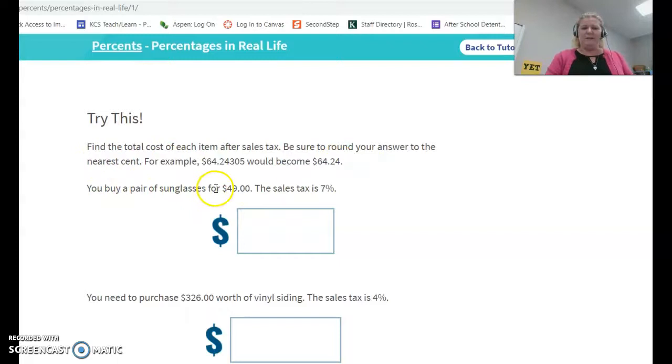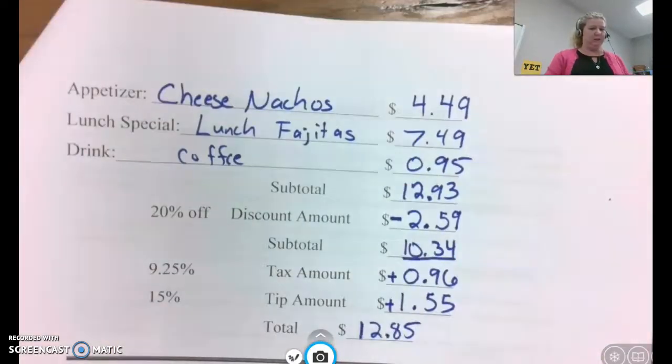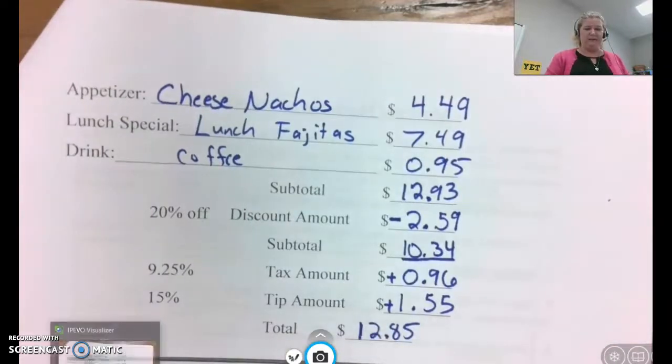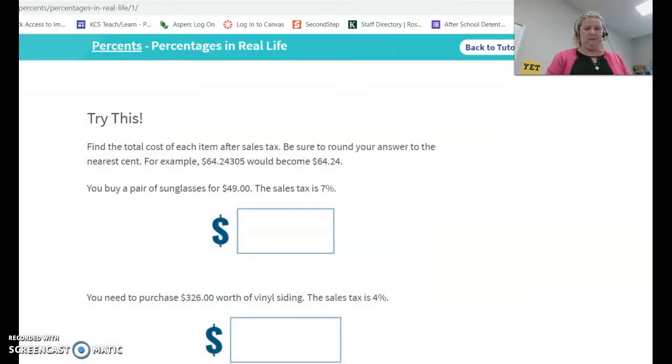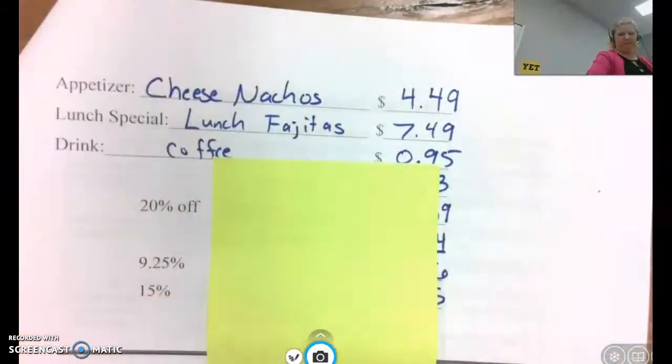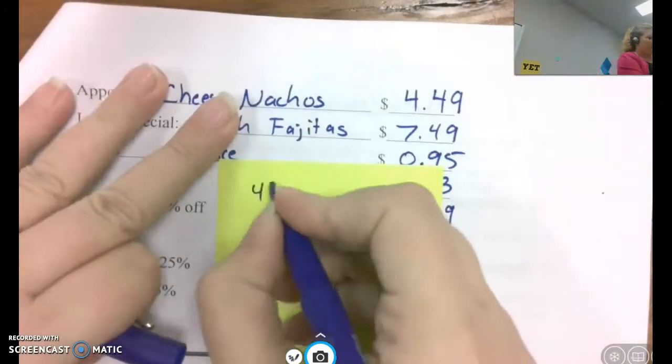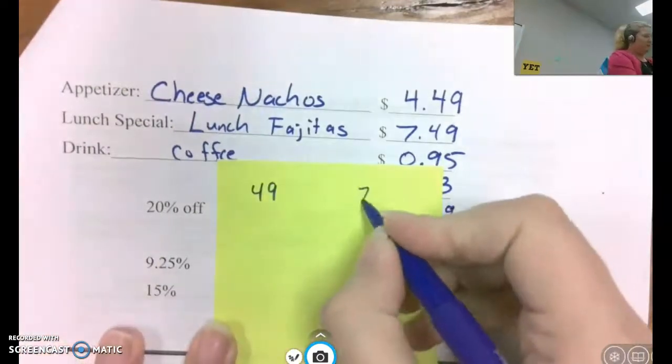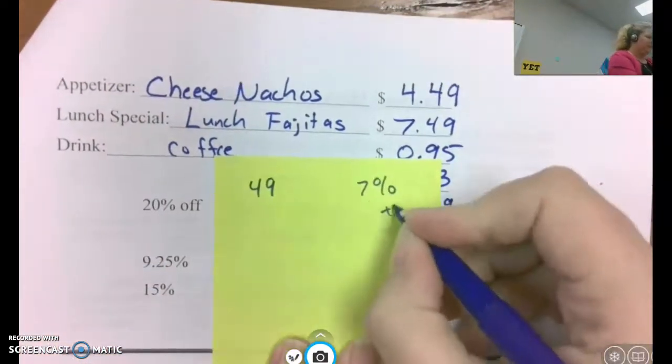You buy a pair of sunglasses for $49. The sales tax is 7%. We can do what we did here, line by line, and that is a fine way to do it. Let's do it that way first. I'm just going to do it on a Post-it. $49 for the sunglasses, and then 7% tax.